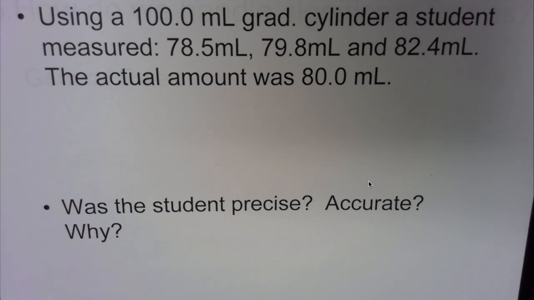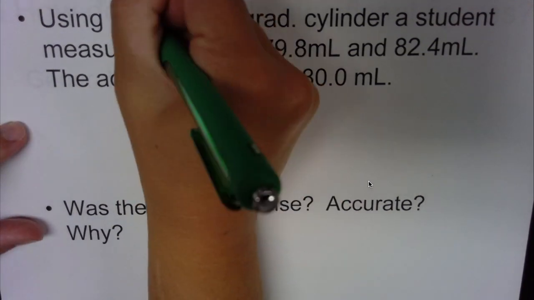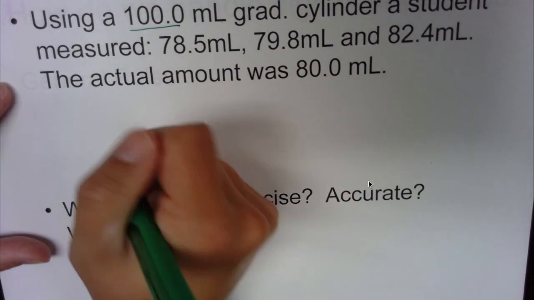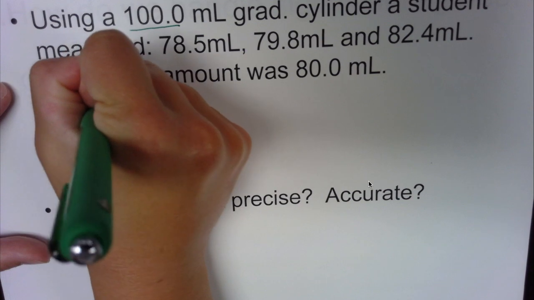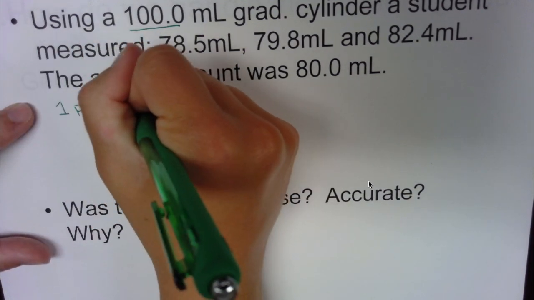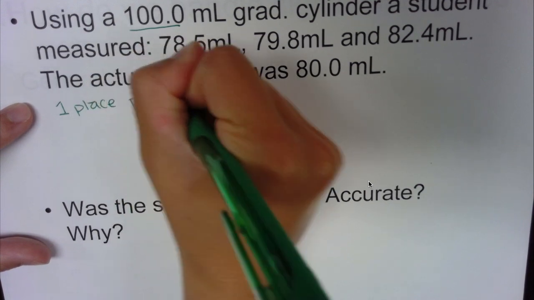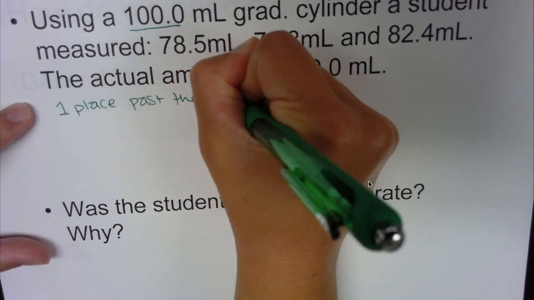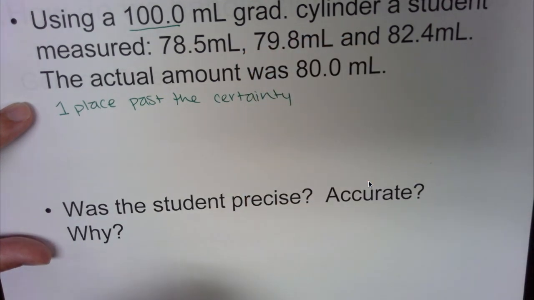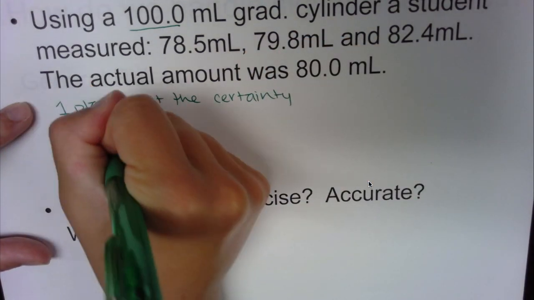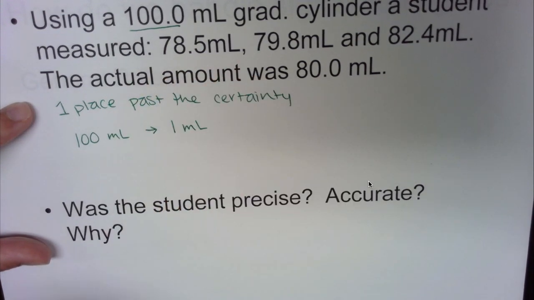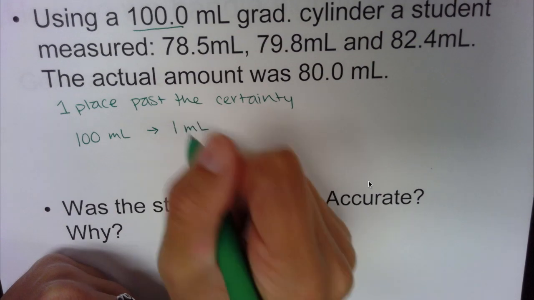Anytime we take a measurement, we always go one place past the certainty. That's our uncertain value. From the previous slide, we said 100 milliliter cylinders are measured off in 1 milliliter. Well, every milliliter is our certainty.